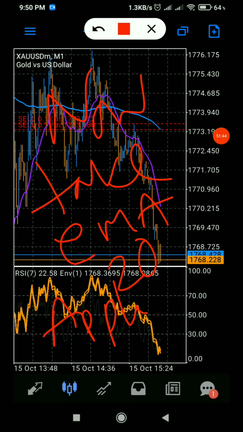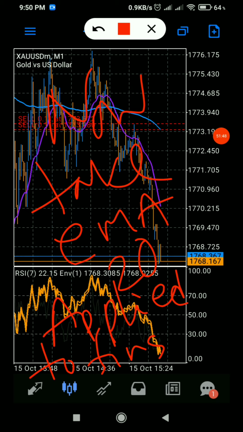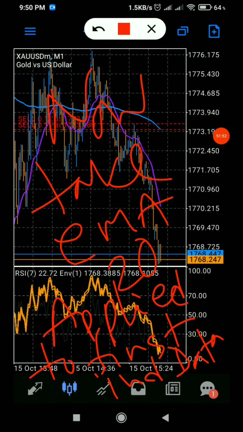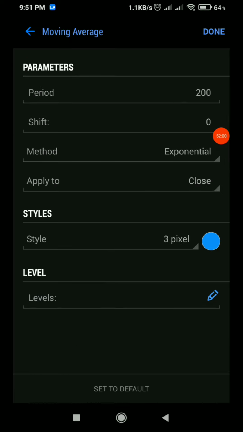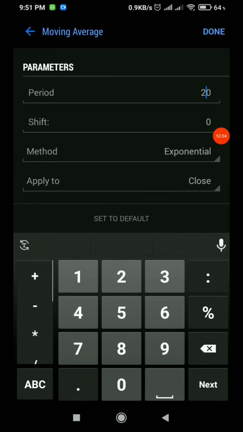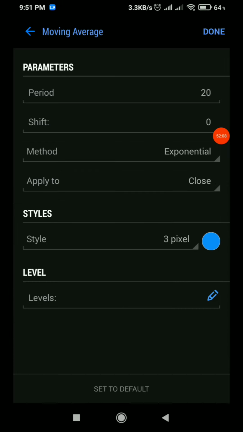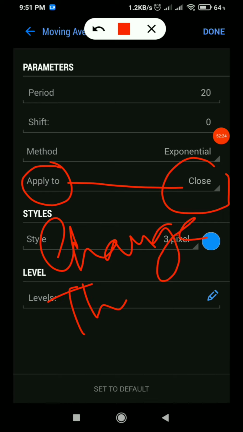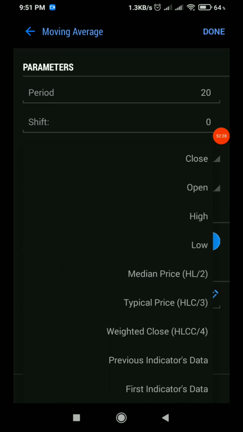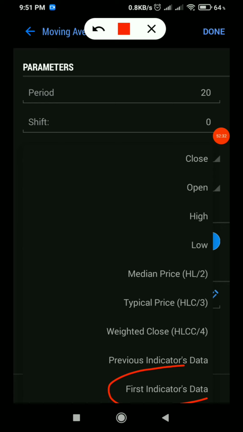Now I'm taking EMA 20 on the same second window, applied to first indicator's data. So here is the moving average 20, that is exponential, and have a look at this. This is applied to close, but we have to change it, and this will be applied to first indicator's data.